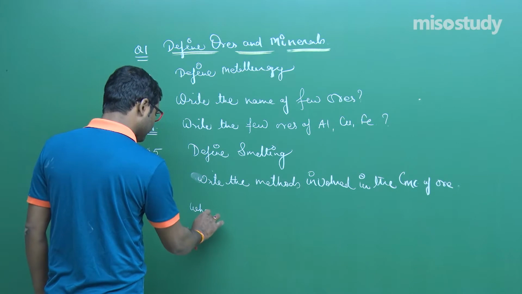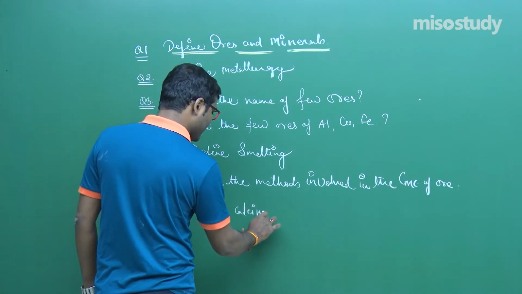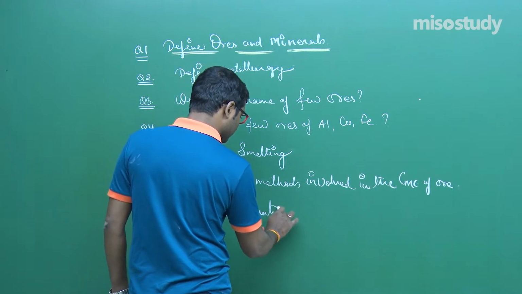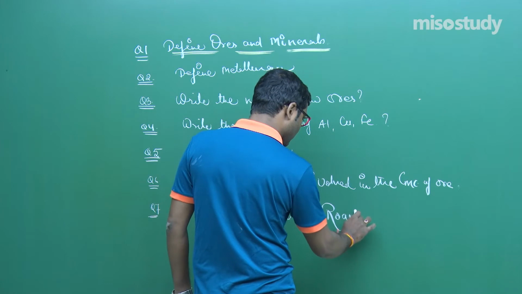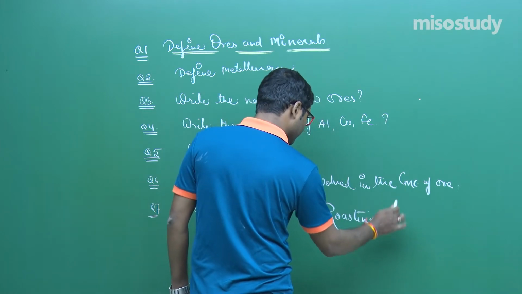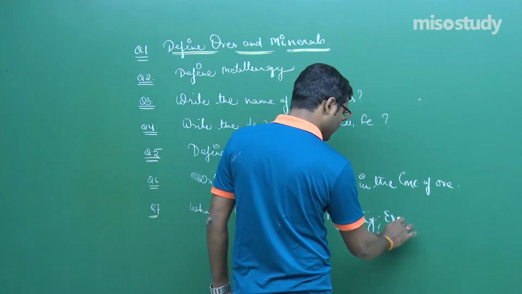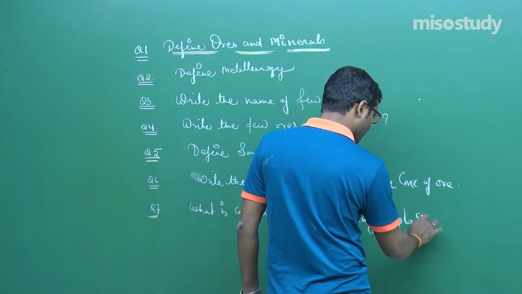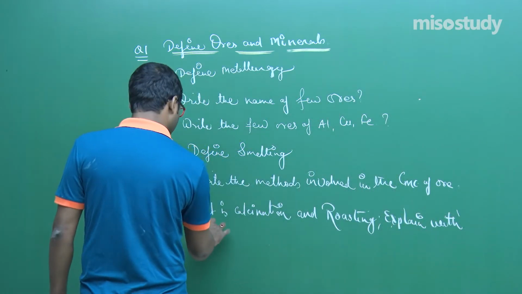What is calcination and roasting? Explain with example.